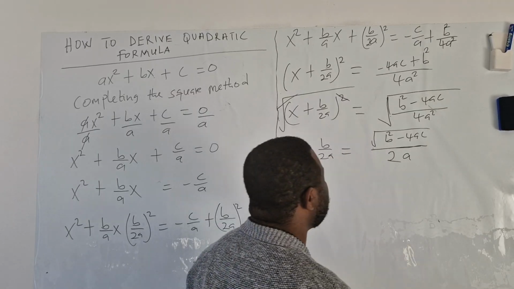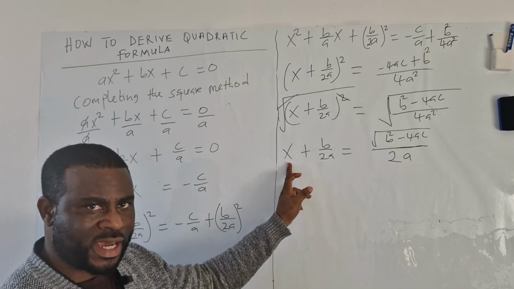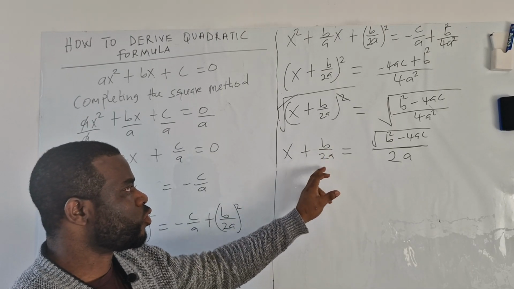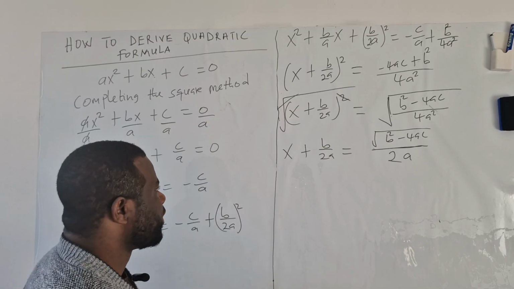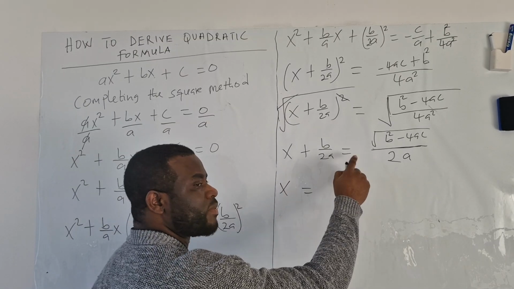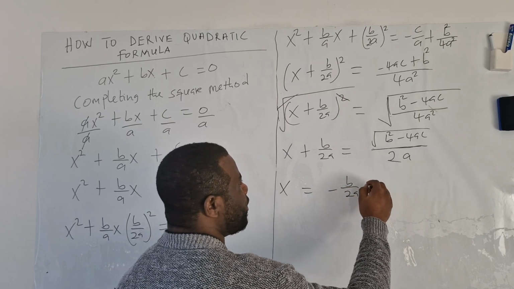Beautiful one there. Good. Now at this point, we are solving for x. So how do you make x stand alone? By taking b on 2a to the right side of the equal to sign. So that's going to give us x equal to, it's plus, it goes here, it becomes minus. So minus b on 2a.